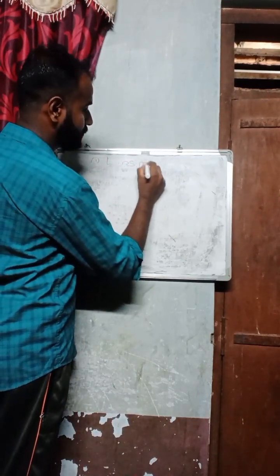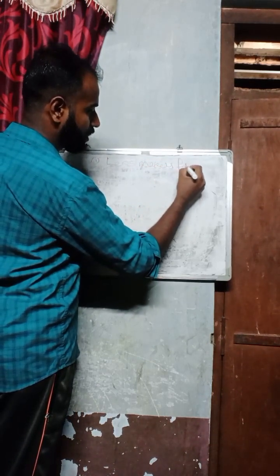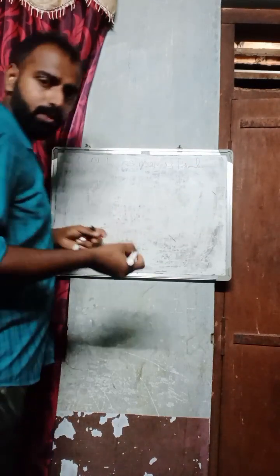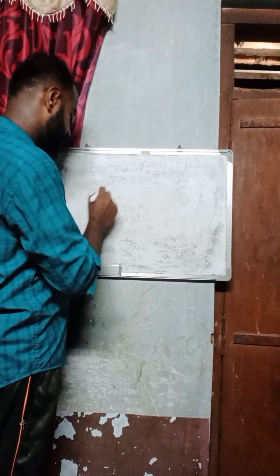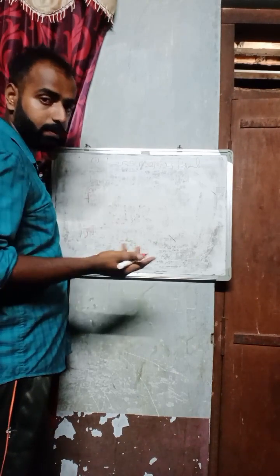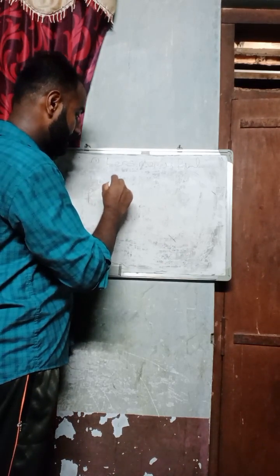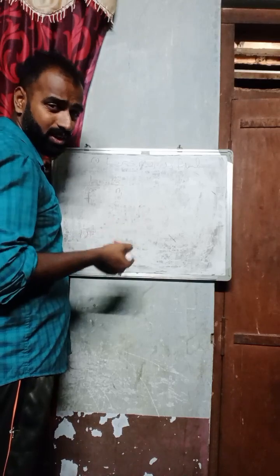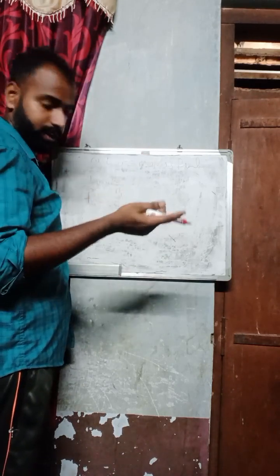Lens makers formula. I am just giving that 1 by F, the left side of the equation, is 1 by F equals (N2 by N1 minus 1) times (1 by r1 minus 1 by r2). You are familiar with what N2 and N1 are. N denotes the refractive index.